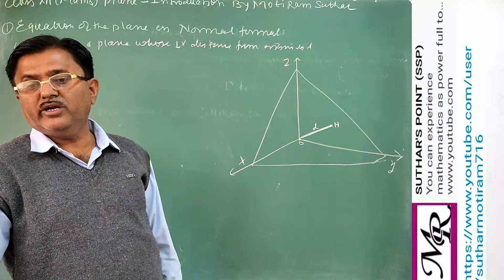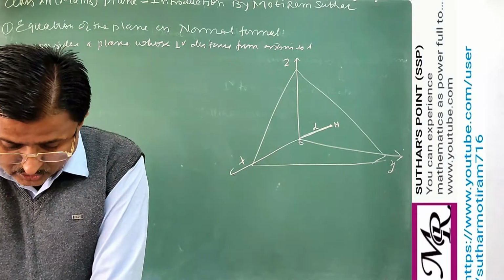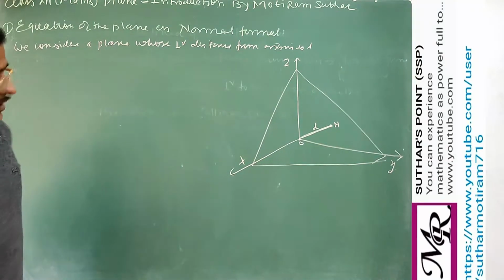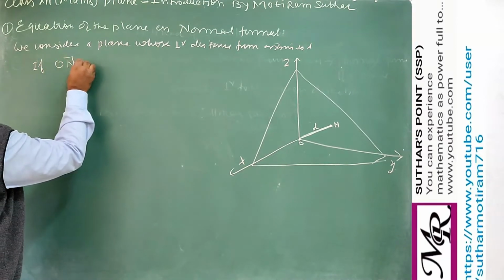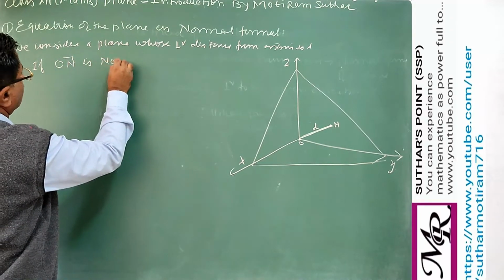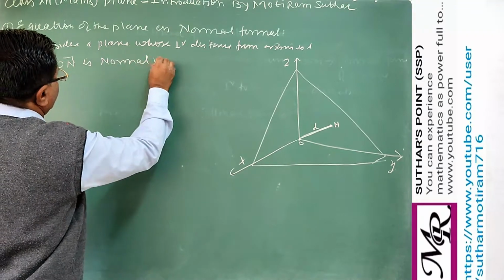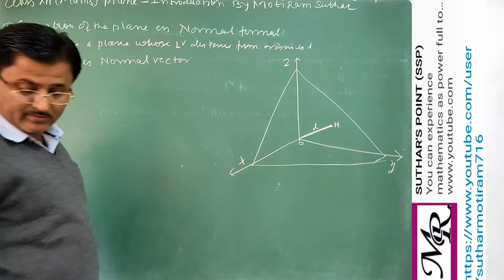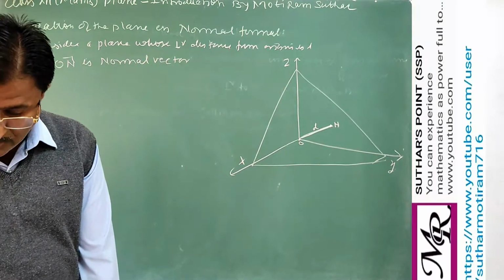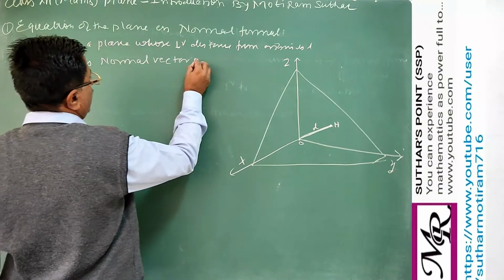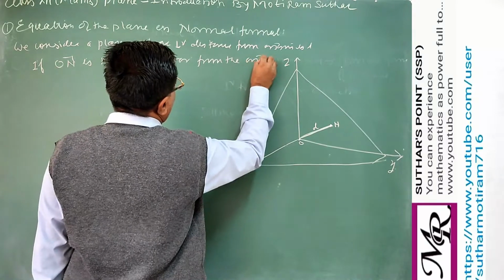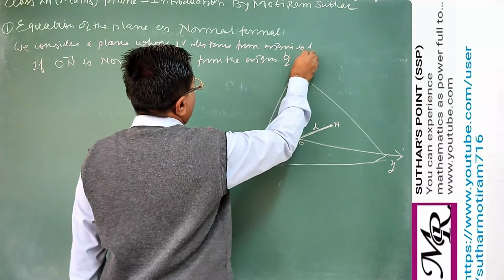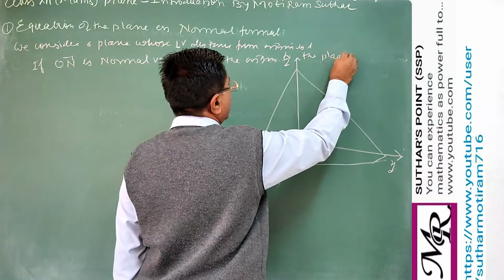Perpendicular means it may be a normal. So you can write here that vector ON is the normal vector from the origin to the plane.